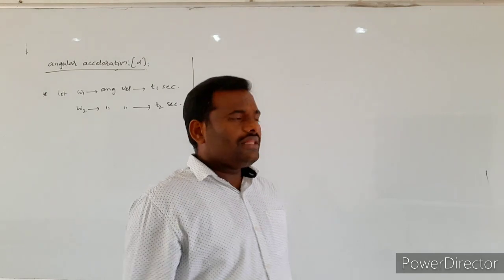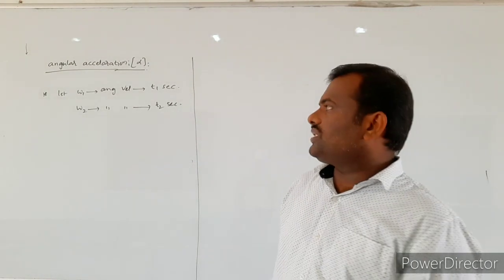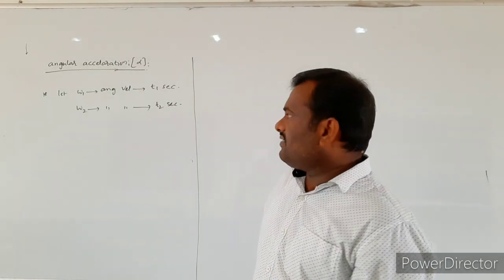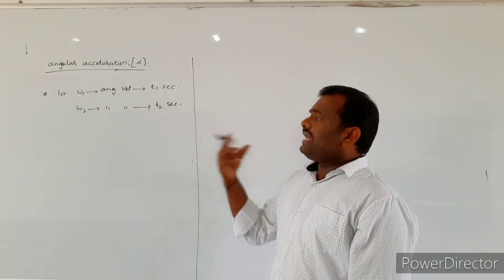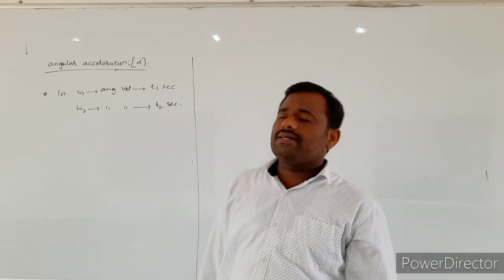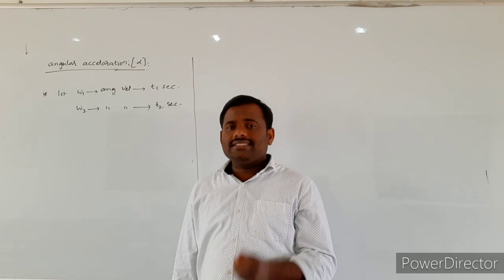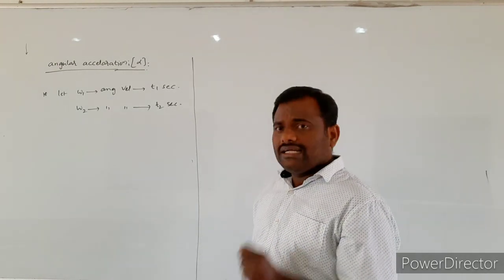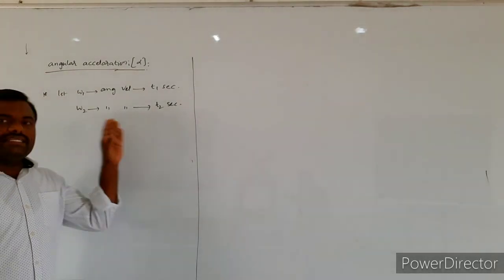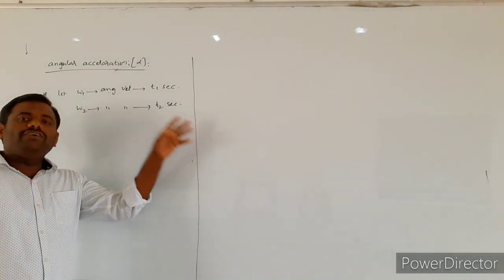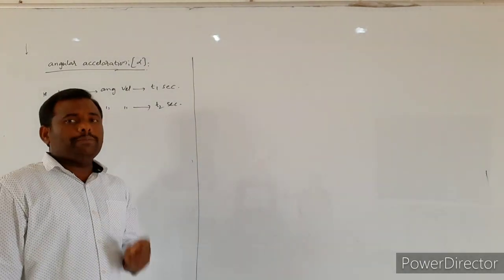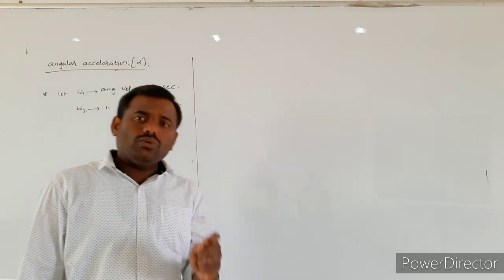So we consider the motion of one particle which is revolving in the circular motion. While the particle is revolving in the circular motion, it is having different angular velocities at different time intervals. Let omega 1 indicate the angular velocity of the corresponding particle at a time of t1 seconds, and omega 2 indicate the angular velocity of the same particle at a time of t2 seconds.